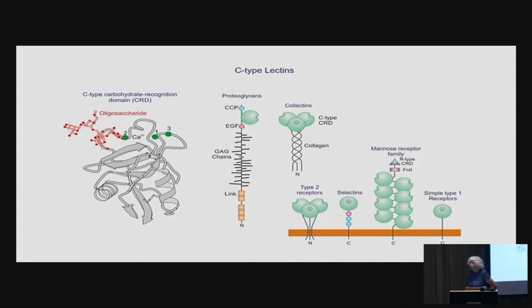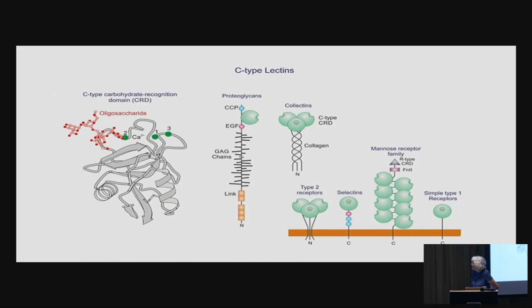The C-type lectins are the largest group of animal lectins, and you find the C-type carbohydrate recognition domain in association with a lot of other different types of domains. Some of the C-type lectins are soluble, and these collectins have a collagen-like domain. You find the C-type CRD in proteoglycans with all these other types of domains. Other groups are membrane-bound.